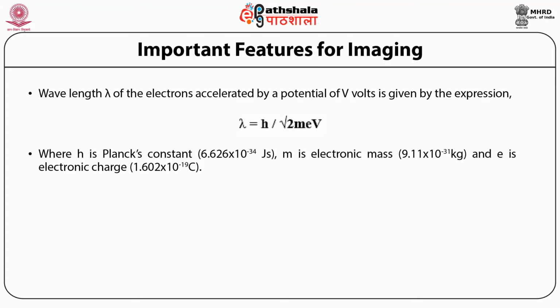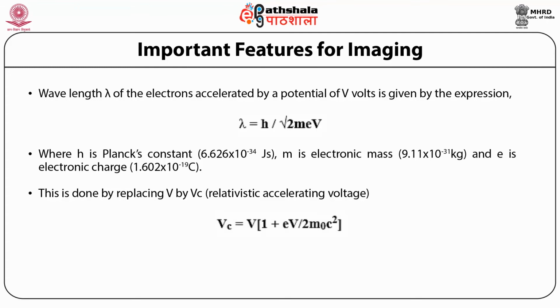For large values of V, electrons can attain velocities comparable with the speed of light, and relativistic increase in mass should be taken into account. This is done by replacing V by Vc, that is, the relativistic accelerating voltage.